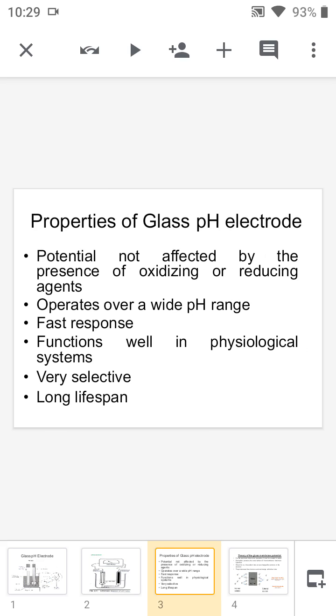We know that the quinhydrone electrode is used as a reference electrode, but we cannot use it for highly basic conditions. But the glass electrode can be used over a wide range of pH, the response is very fast, it functions well in physiological systems, it is highly selective, and it is a long-lasting electrode.